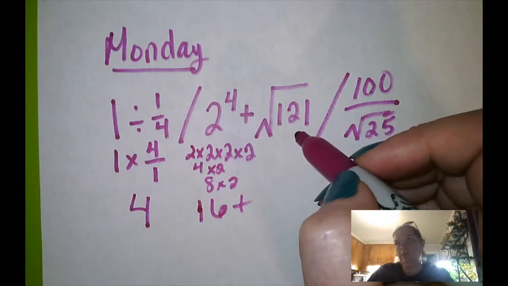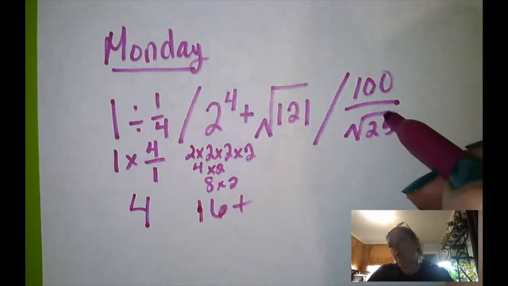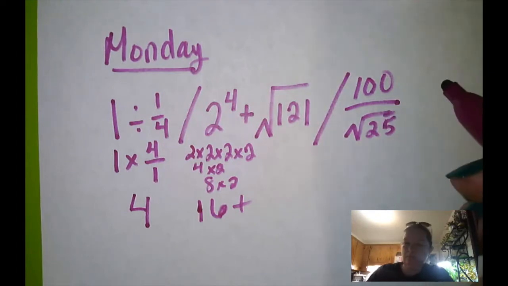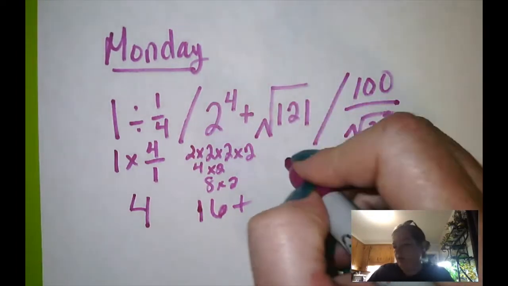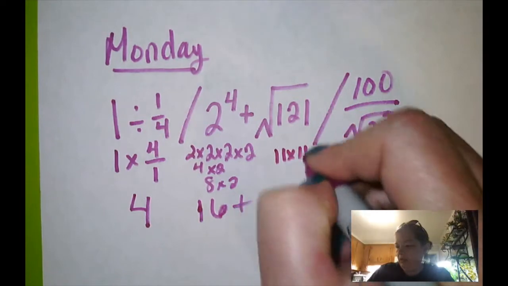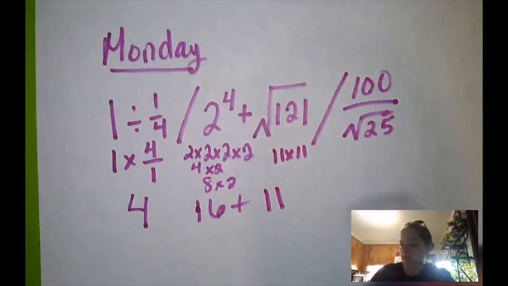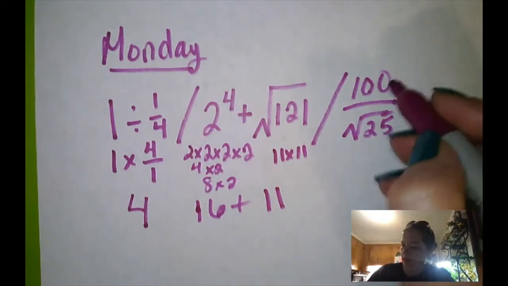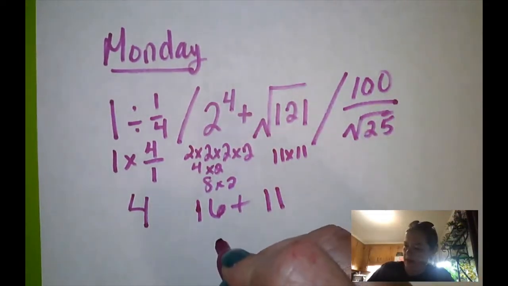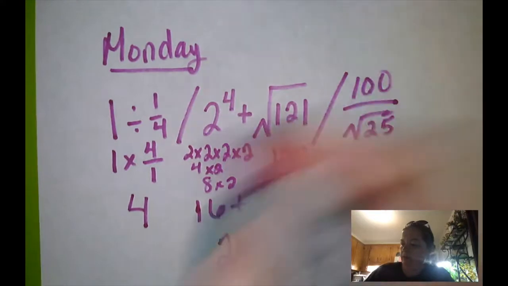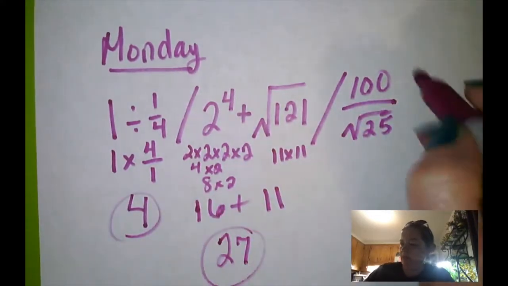Square root of 100 is 10. So let's go to the next number. If we multiply 11 times 11, that's where it's 121. So that's 11 times 11. So the square root of 121 is 11. And then 16 plus 11 is 27. So we've got 4, we got 27.